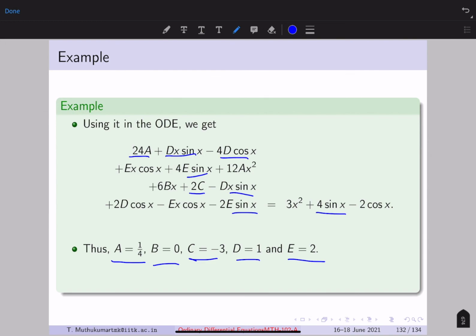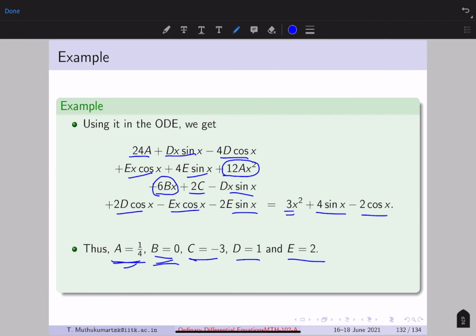All the cos terms here should be clubbed to match it with the cos term here, and all the x squared terms here should be matched with here. So the x squared term you can already see here. 12a x squared should be equal to 3, which means a is 3 by 12, which is 1/4. That's how you get this. And 6b x, there is no x term here, which means 6b is 0, so you get b equal to 0. Okay, and so on.